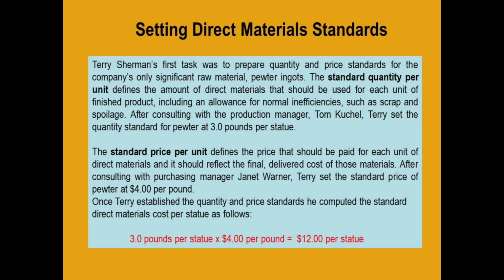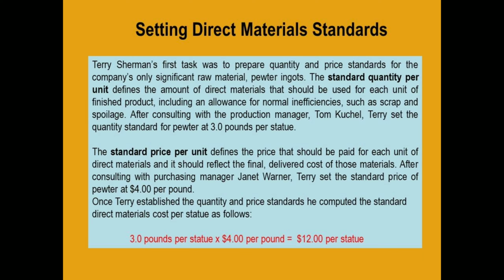The standard price per unit defines the price that should be paid for each unit of direct materials, and it should reflect the final delivered cost of those materials. After consulting with the purchasing manager, Warner, Terry set the standard price of pewter at $4 per pound.